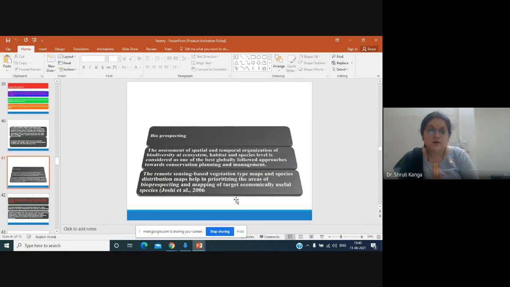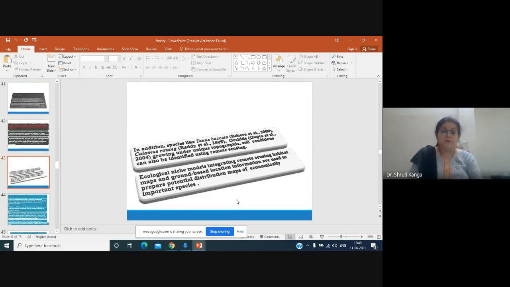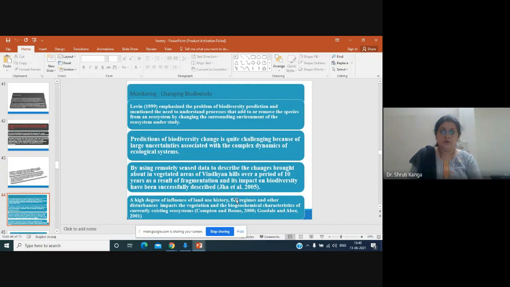Then vegetation type maps in conjunction with phytosociology, topography, and soil can also be done with the help of these remote sensing data sets. Then monitoring based on different temporal data sets we can go for. So there are so many studies which have taken place.